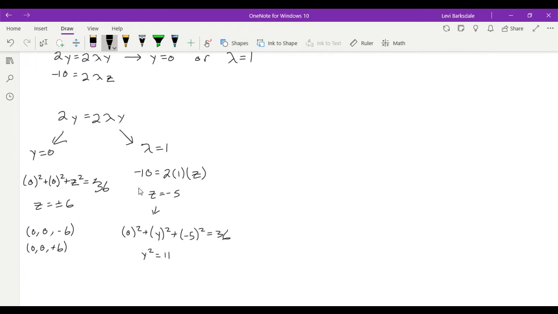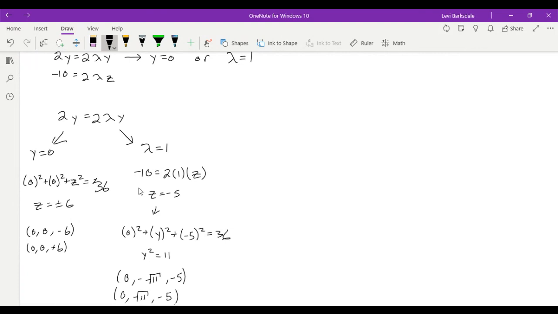So y squared is equal to 11, and that gives us two critical points: (0, negative square root 11, negative 5) and (0, positive square root 11, negative 5). Cool.